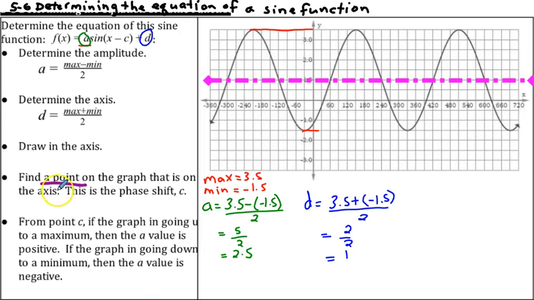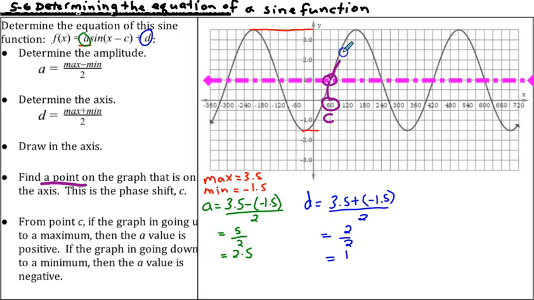So find any point that is on the axis and, of course, on the graph. So right here is a point on the graph and also on the axis. And if you look down, you can see here that that is the C value, which is 60.